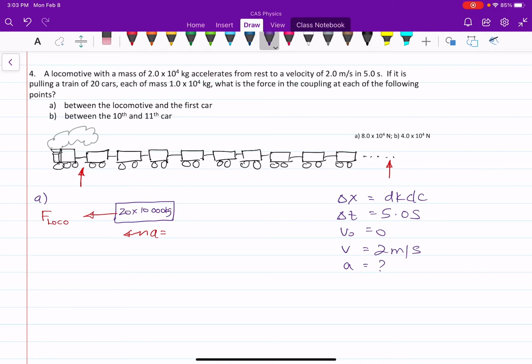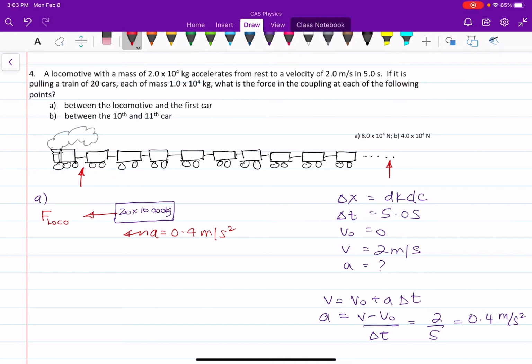So we're going to use the equation without x, written another way as a equals v minus v naught over delta t, which equals 2 divided by 5, so we get 0.4 meters per second squared. So that's my acceleration.